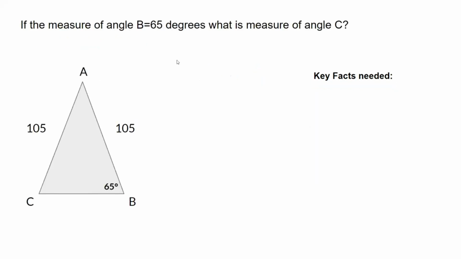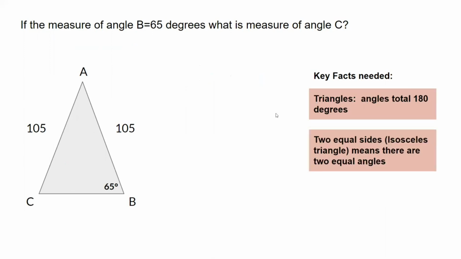If the measure of angle B is 65 degrees, what is the measure of angle C? The key facts that we need, of course, the first one, angles in a triangle must total 180 degrees. But the second one is really important. When there's two equal sides to a triangle, this is called an isosceles triangle. It means that there are two equal angles.